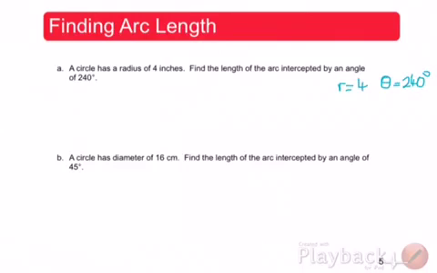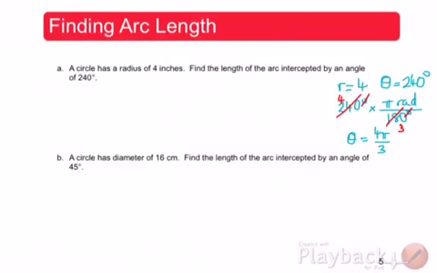To change that into radians, I need to do 240 degrees multiplied by pi radians over 180 degrees, and then I can cancel my degree sign, and 60 goes into 180 three times, and 60 goes into 240 four times. So my theta is now going to be equal to 4 pi all over 3.